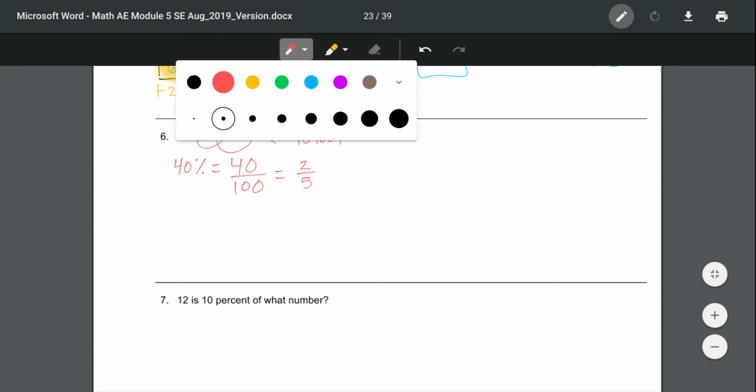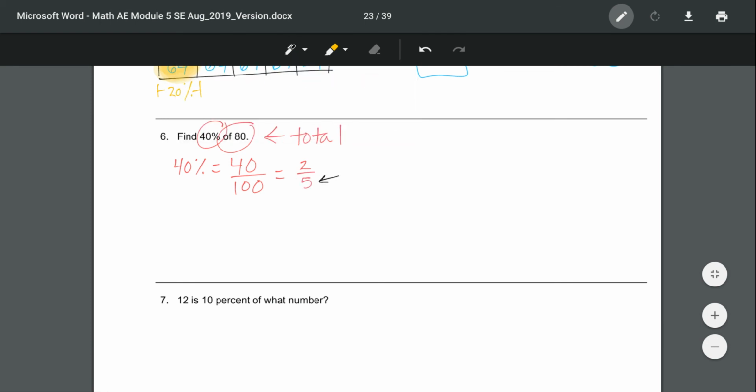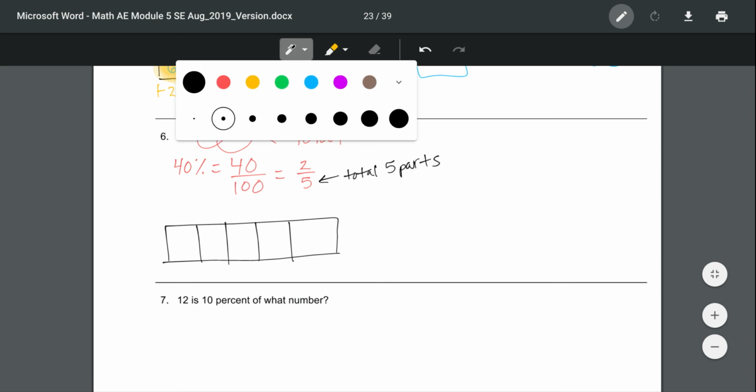So that means we're going to take our bar model and break it into 5 total parts. So sketch your bar model and break it up into fifths. And then the total value of your bar model would be 80.